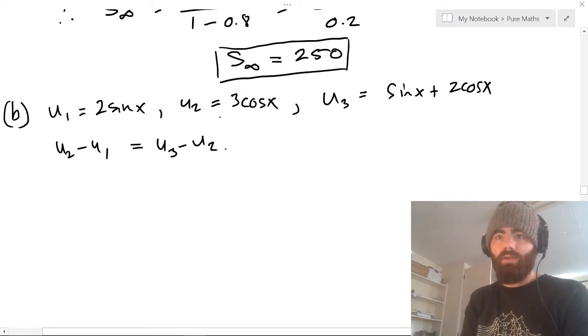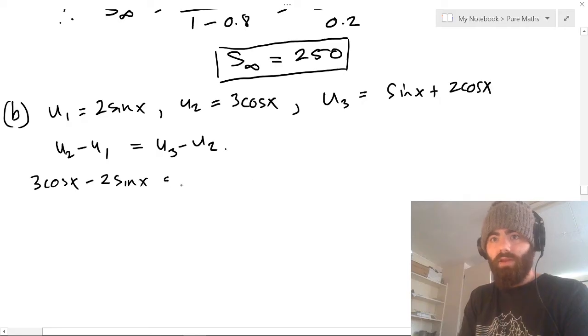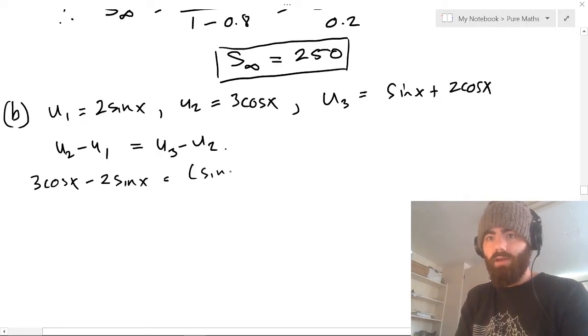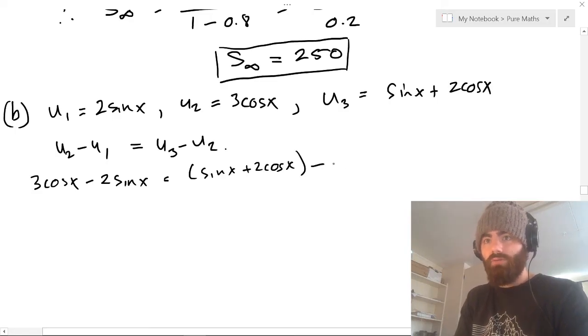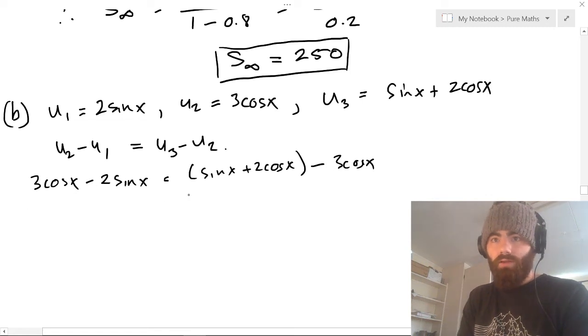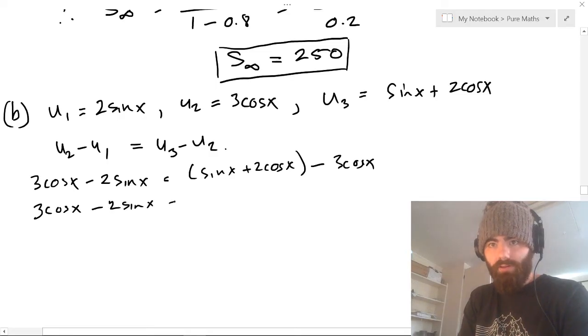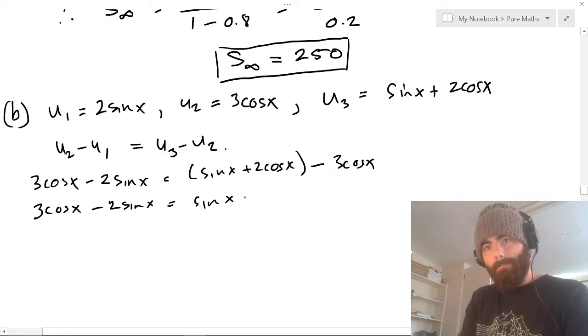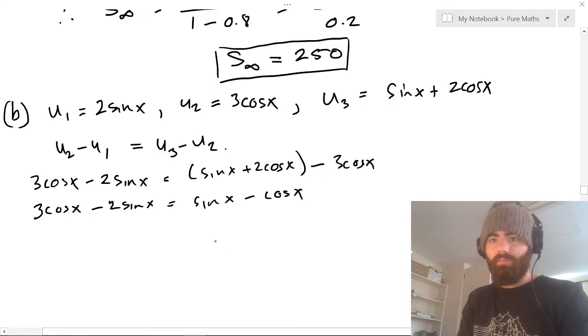And so this is 3 cos of x minus 2 sin of x equals u3, which is sin x plus 2 cos x, minus u2, which is 3 cos of x. So this becomes 3 cos of x minus 2 sin of x equals sin of x minus cos of x.